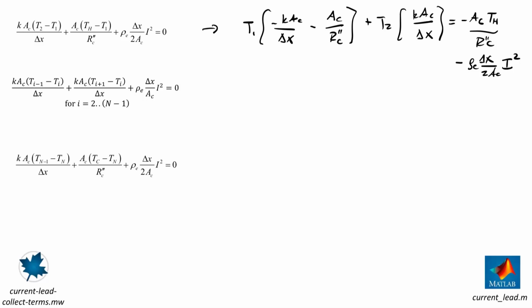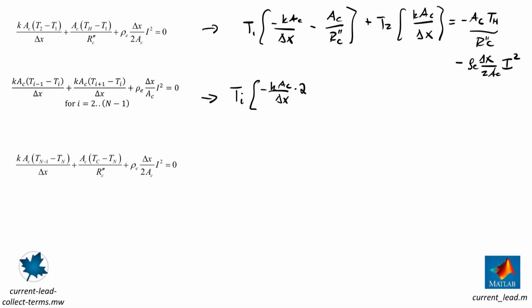You can do the exact same thing for the other ones. I don't know if we need to go through it entirely, but we would just start writing a term here. First let's collect everything on Ti. Ti is going to multiply minus kAc over delta x, and in the second term, it's also multiplying that same thing again, so this is actually times 2.